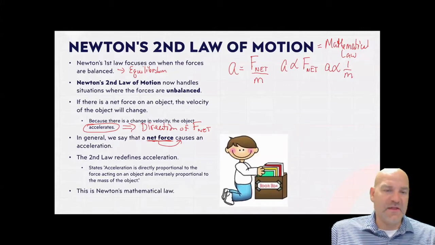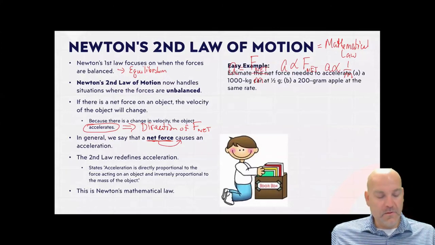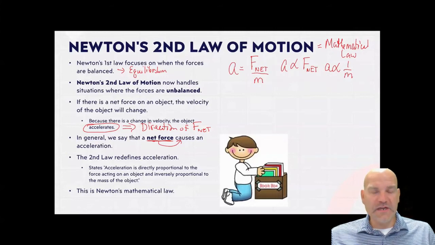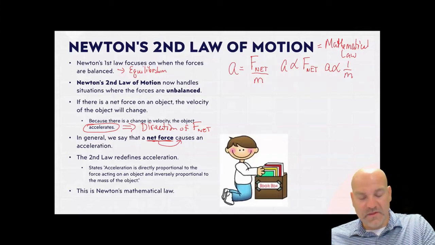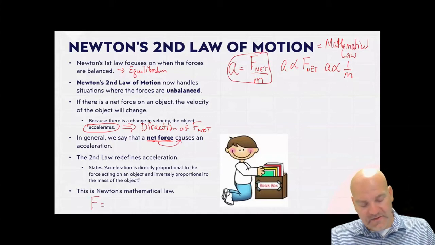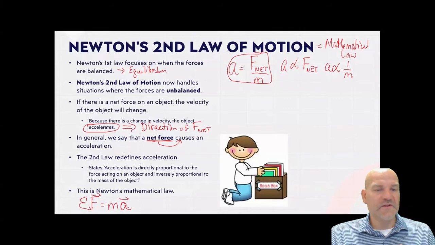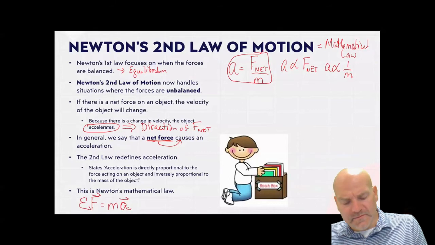Now, I said that this was Newton's mathematical law because from the definition, we have an equation. This is how Newton defined it, but really the redefinition you see written as the sum of the forces is equal to mass times acceleration, and again, these are vectors.